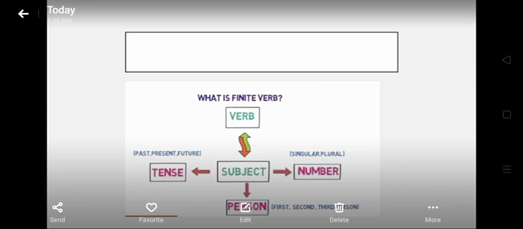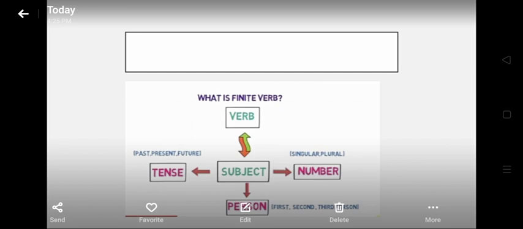Depending on the person of the subject, the verb has to be used accordingly. So a finite verb will change as per the tense, number, or person. If a verb changes according to the tense, person, or number, then we call it a finite verb.